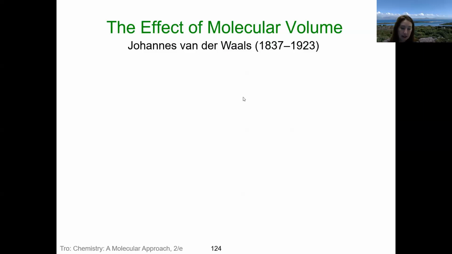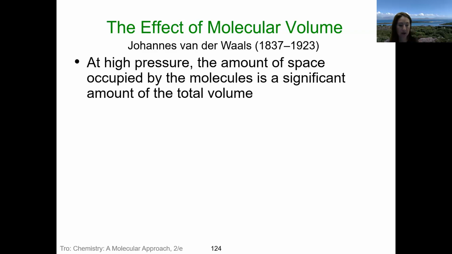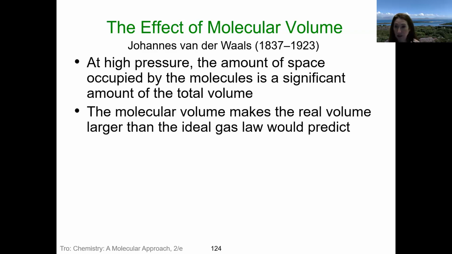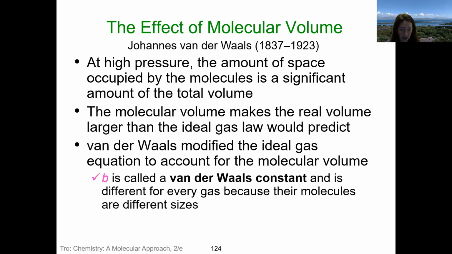Now let's look at the effect of volume. At high pressures, the amount of space occupied by the molecules is a large piece of the volume. The molecular volume makes the real volume larger than what we would expect according to the ideal gas laws.